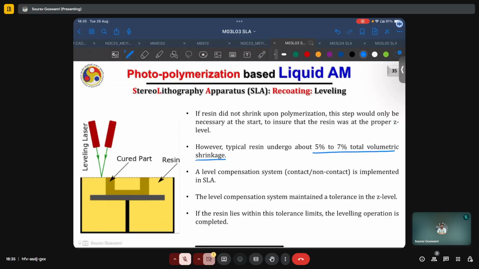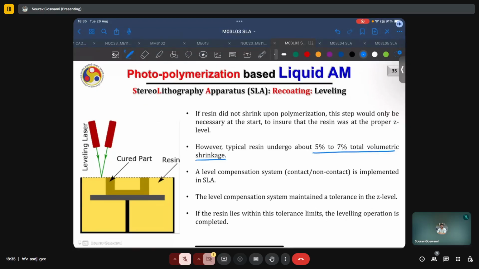A level compensation system, which may either be a contact type in which you have a probe which scans over the new layer, or a non-contact type such as optical or some reflected light type, is implemented in SLA.